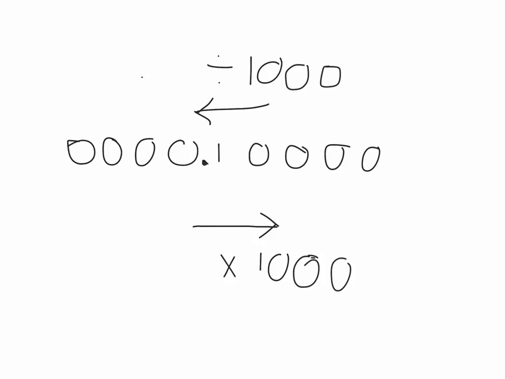And how many places do I need to move it? If you have a think, we move it 1, 2, 3 places. The reason we move it 3 places is because there are 3 zeros, which tells us how many places we need to move. So 0.1, that decimal point will move from here, 1, 2, 3.